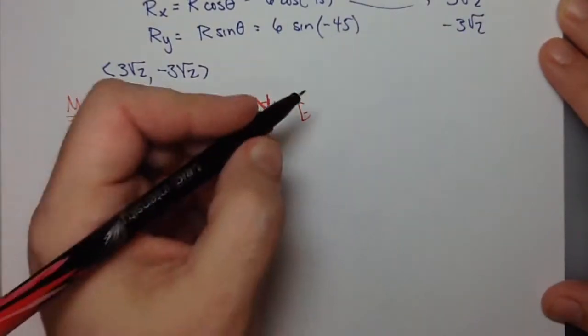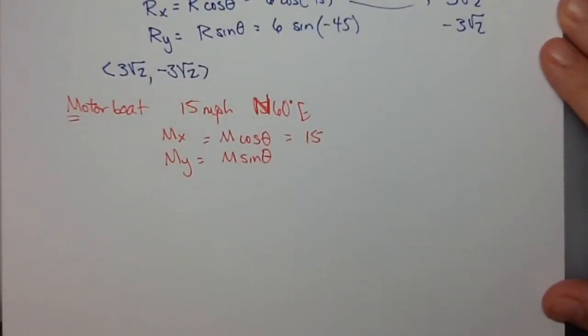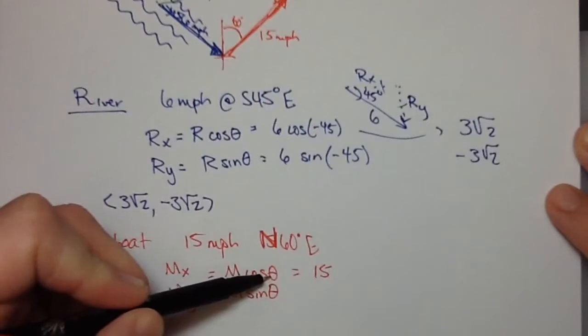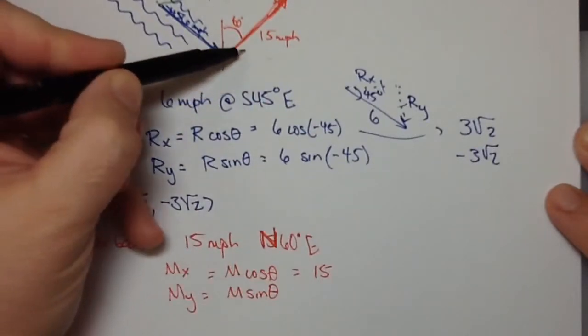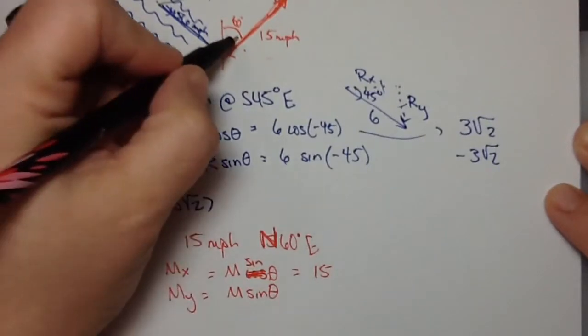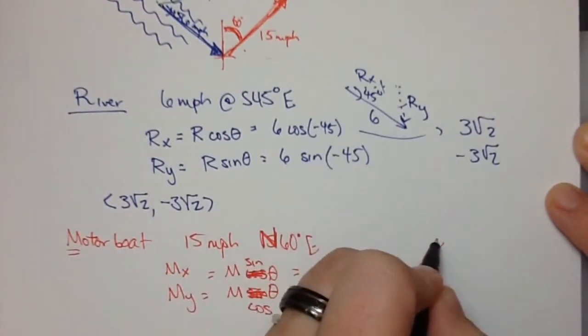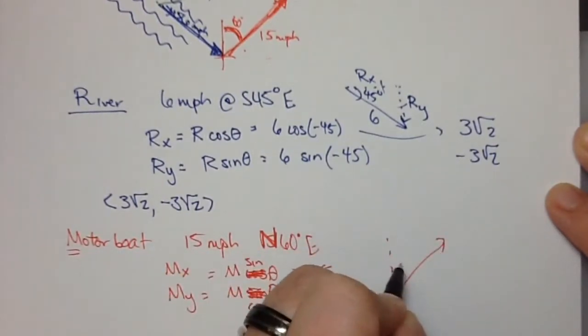So this theta is supposed to be with the x-axis. So in this case, we're going to be using sine for x, and we're going to be using cosine for y. And it's because our angle is here.